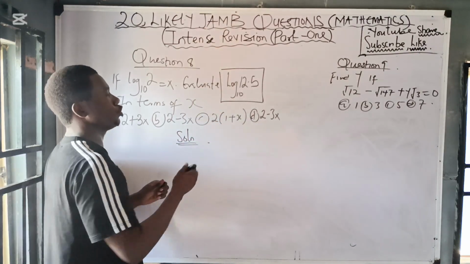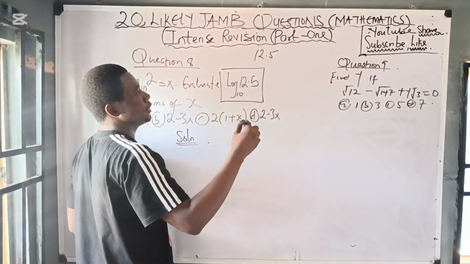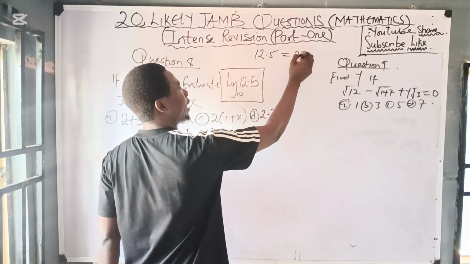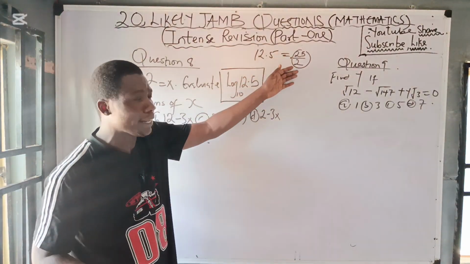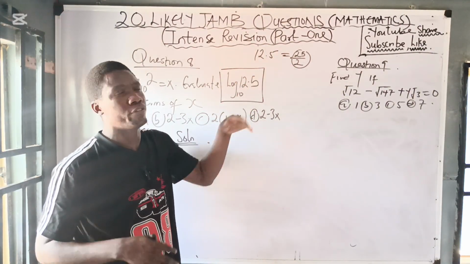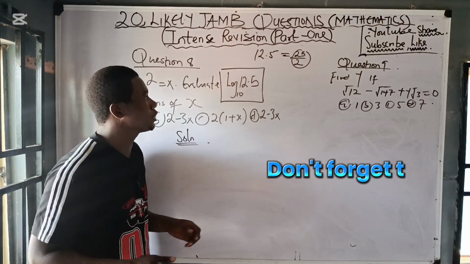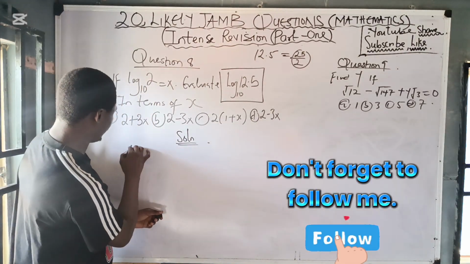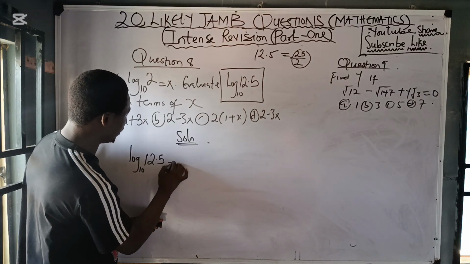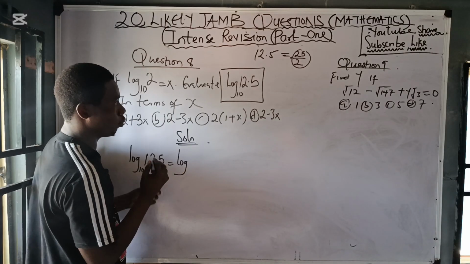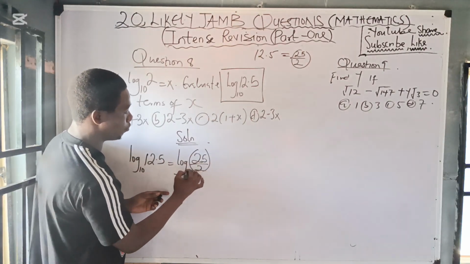First of all, 12.5 is the same as 25 over 2. Why? Because 25 divided by 2 will give us 12.5. Use your calculator to check it. Now, it simply means that log 12.5 base 10 is the same as log 25 over 2 to base 10.